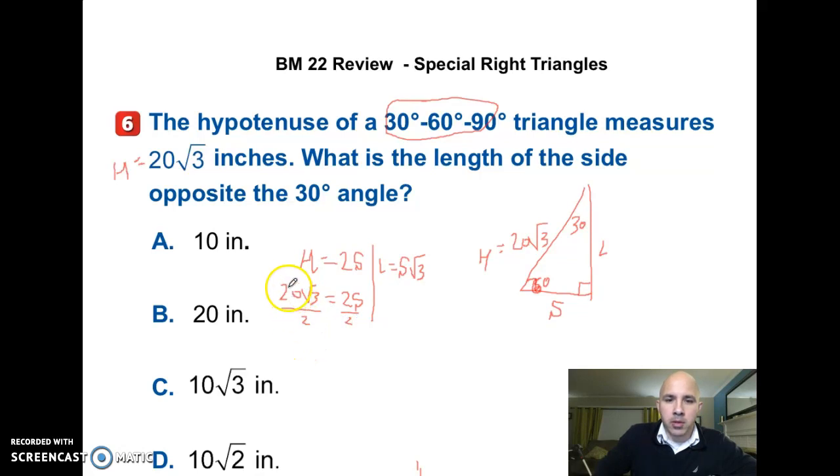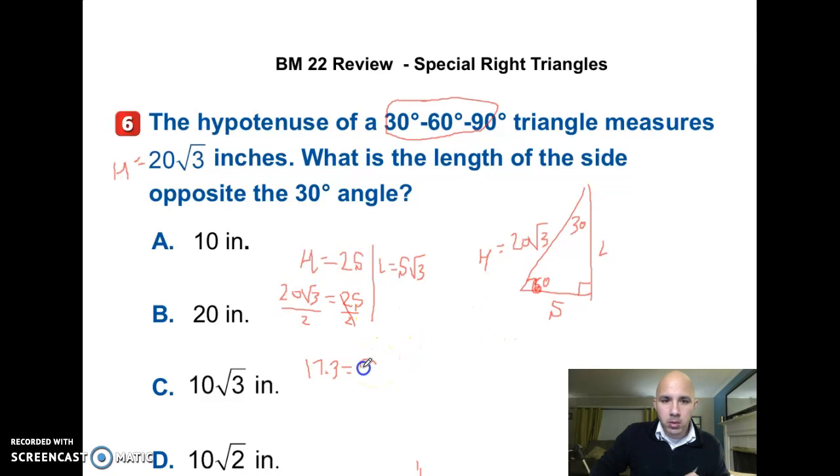And you're given here, it cancels, 10. 20 divided by 2 is 10, times square root of 3. Plug that in, 10 square root of 3, and that's going to be S.